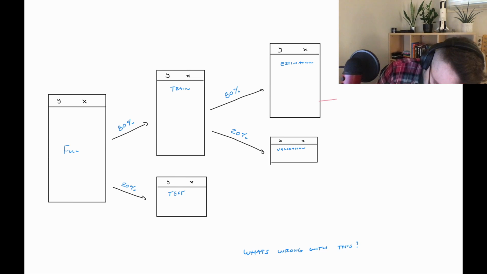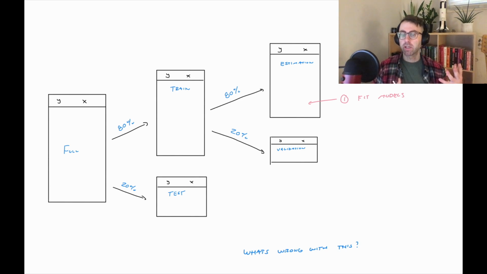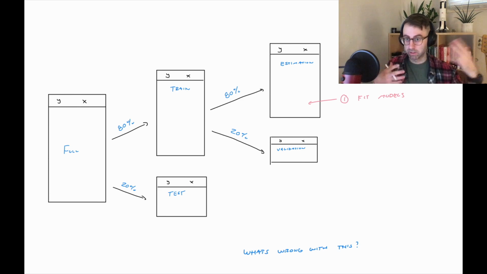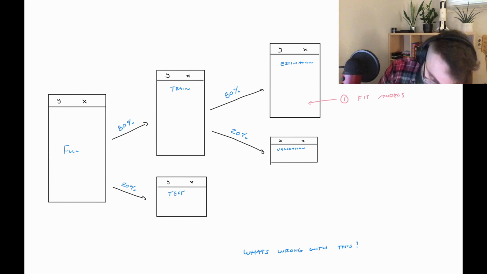But basically, what have we been doing, right? With the estimation data, that's our step one where we fit our models. So we fit a bunch of models here, and models could be a bunch of models using the same algorithm with different tuning parameters, or just a bunch of different models. But ultimately, once we fit all these models, we evaluate how well they're working with the validation data.